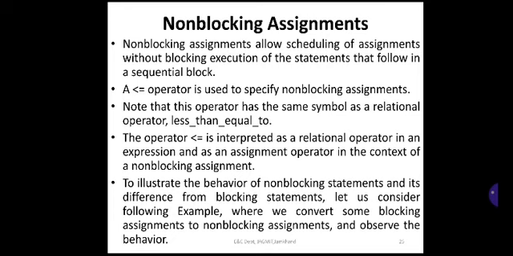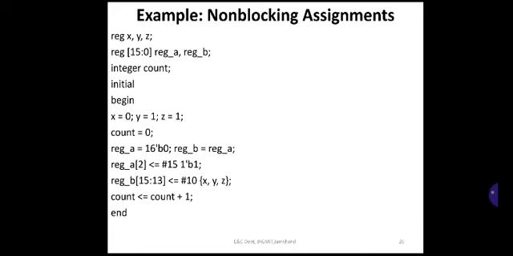To understand the non-blocking assignment operator, we are going to look at the behavior of a non-blocking statement, and the difference between the blocking and non-blocking assignment operators. The same example that we discussed for the blocking assignment is considered again here.